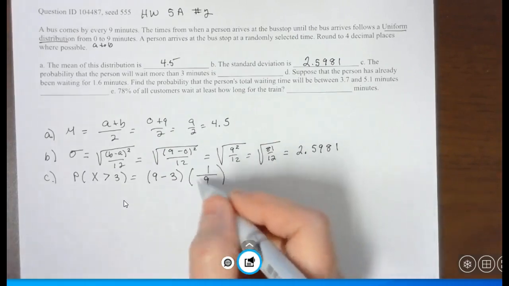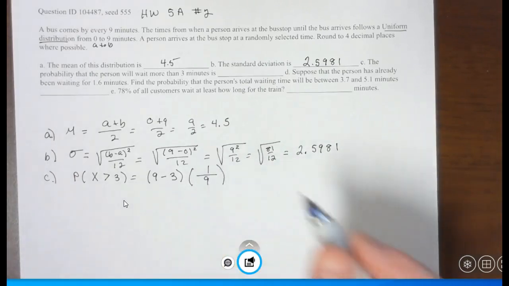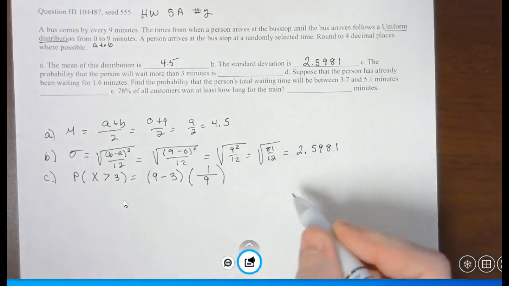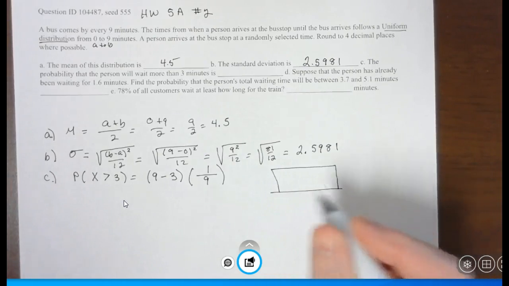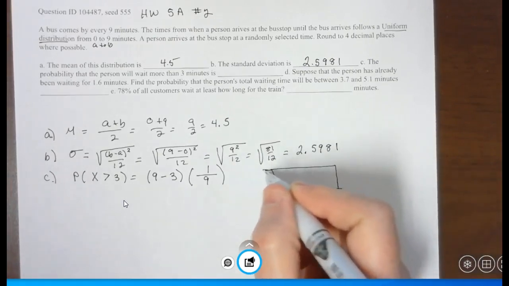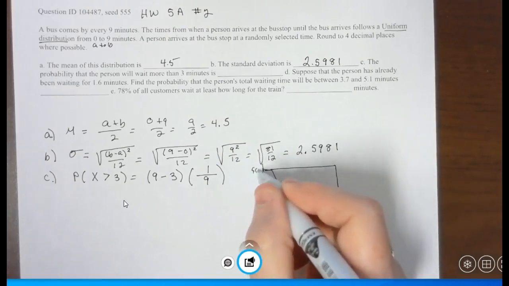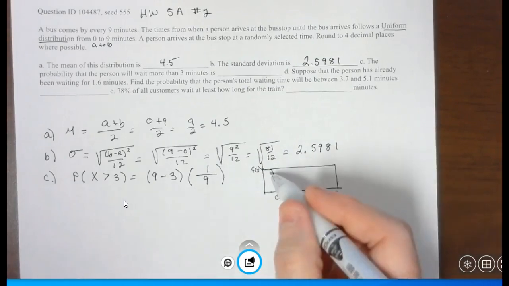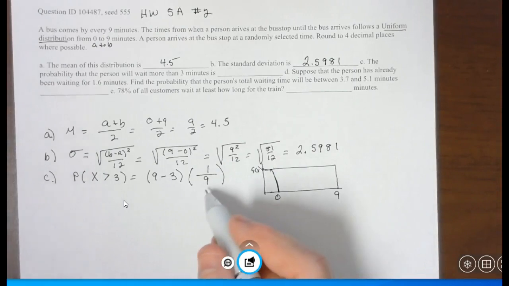Okay, so this is my function here. If you look back at the notes or at the textbook, it talks about that. So that's 1 over 9. Again, let me just draw a quick picture of what we're looking at. Here's 0 to 9. This part is my function, which is basically the height, the 1 over b minus a.